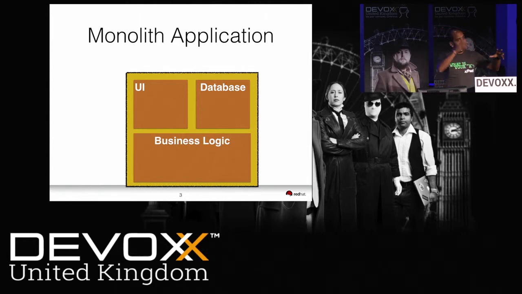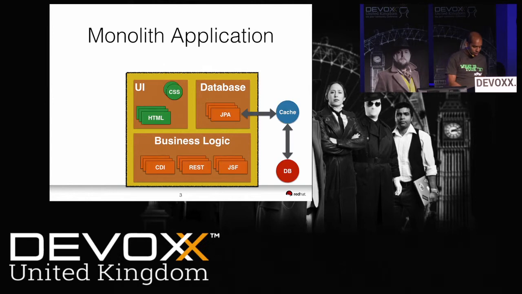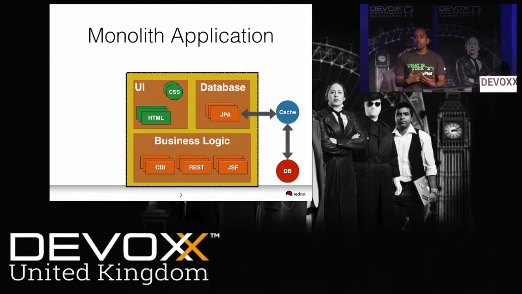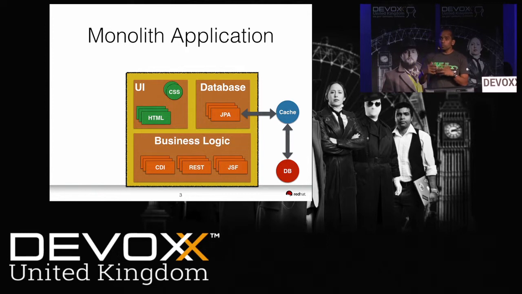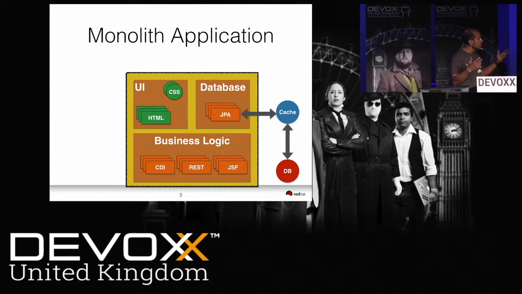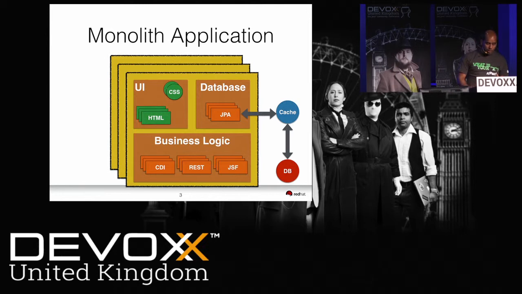Whether it's user, order, or catalog, they're all bundled up together. Typically, in the UI layer, you will have CSS, HTML pages, persistence typically done through JPA, Hibernate, whatever your favorite ORM technology is. In terms of business logic, again, lots of different options: CDI, EJB, JSF backing beans, REST, lots of different ways. But that's your typical structure. And the app would be talking to a cache and possibly a database layer as well.